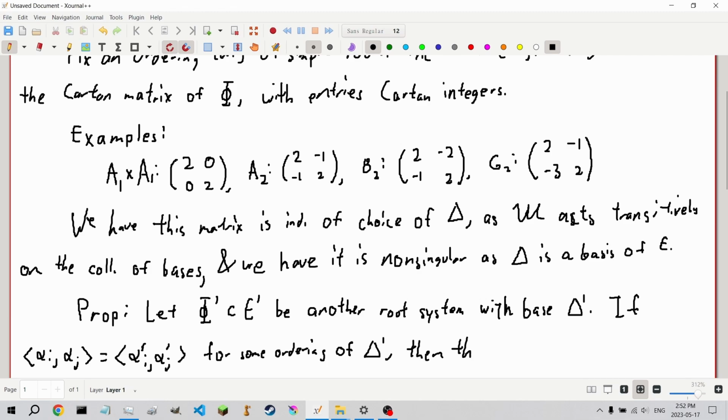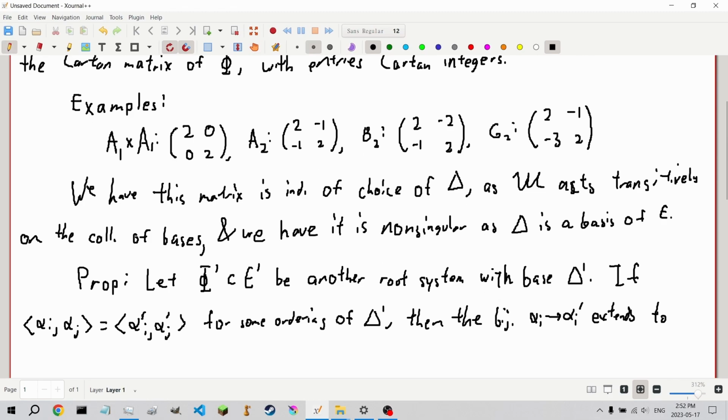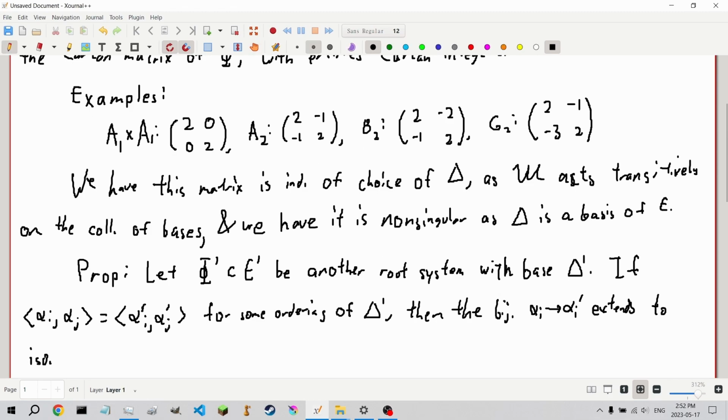Then the bijection sending each root of delta to the root of delta prime extends to an isomorphism of phi, sending E to E prime, mapping one root system onto the other root system and preserving our angle brackets.